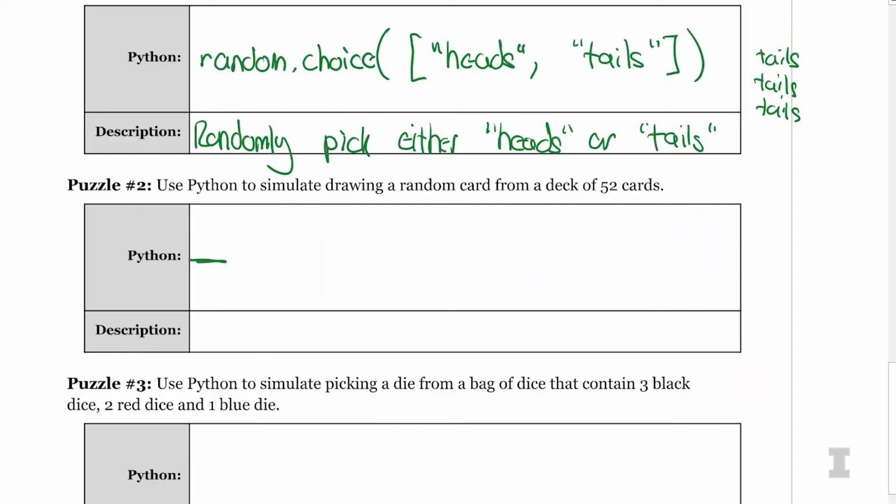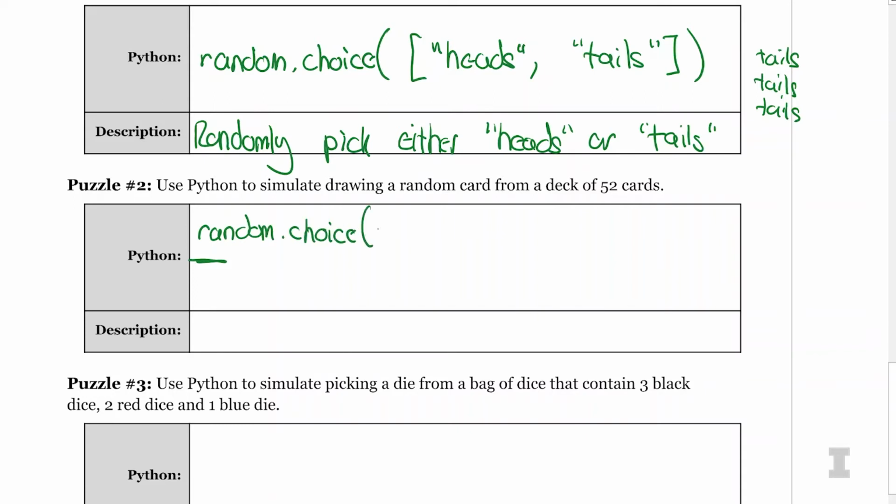Right. So what we can do is we can have 2 different random options that we can run at the same time to specify both the rank and the suit for every single card. So I'm going to have this be 2 separate cells, and I'm going to run both cells every time I want to randomize a card. So the first cell, I'm going to have us randomize a suit. So I'm going to do random.choice.